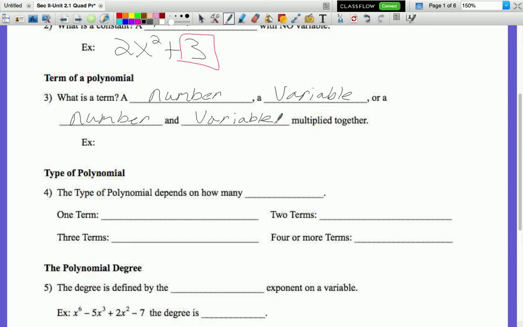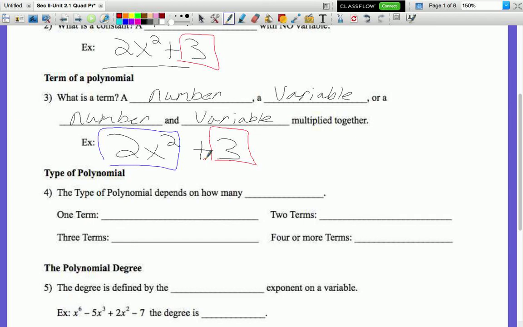So for example, if we use the same example as up above, 2x squared plus 3, we have two different terms. We have one that is 2x squared, a number and a variable multiplied together, separated by an addition sign. And then our second term is 3. Okay? Every term will be separated by addition or subtraction.